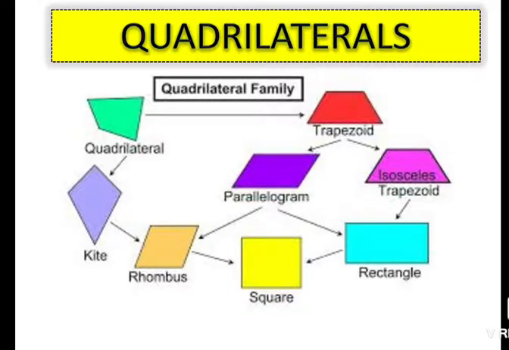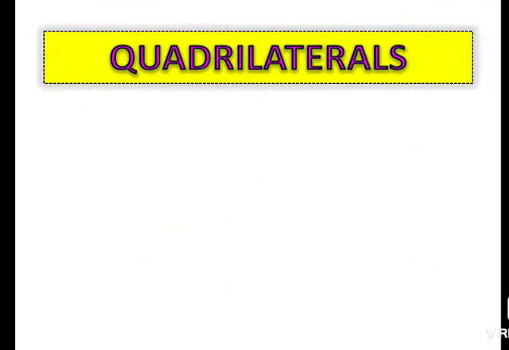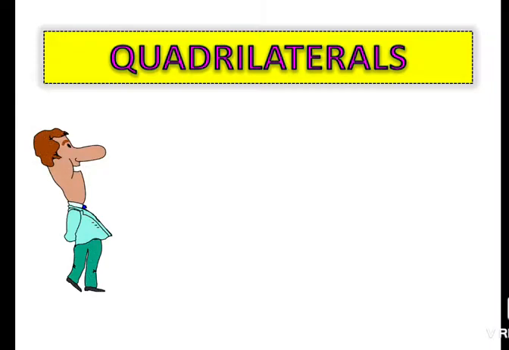Quadrilaterals are 4-sided figures. From these figures, we can see a quadrilateral has 4 vertices. Point A, point B, point C, point D are the 4 vertices.